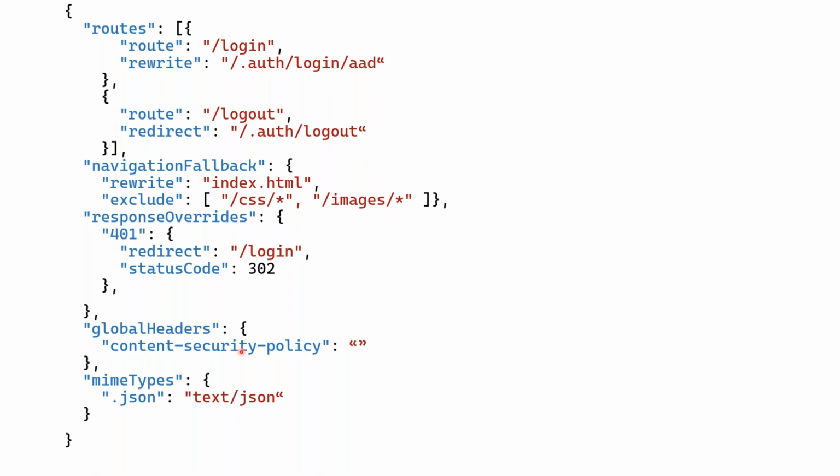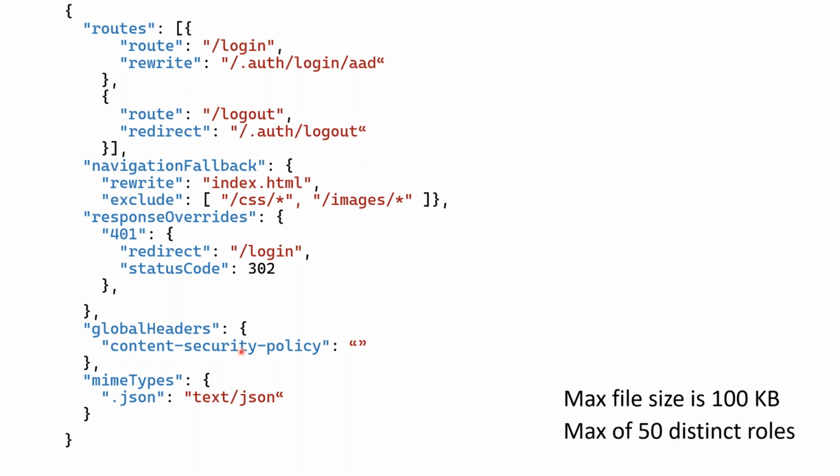However, there is a maximum of 50 distinct roles inside of this one static web app config JSON file. The file size is maxed out at 100 kilobytes, but it's just JSON. So if you want to have 100 kilobytes of configuration JSON for your web application, that's quite a lot of config.